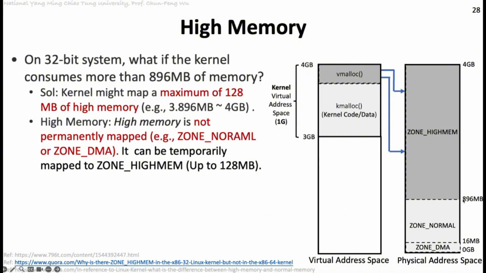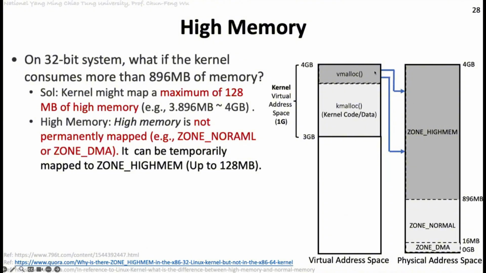But above 896 megabyte, it depends on how much memory you are using in the system. It can be 4 gigabyte, 64 gigabyte, or even more. I mean, there's a large physical address space, so probably we need some translation there, right?